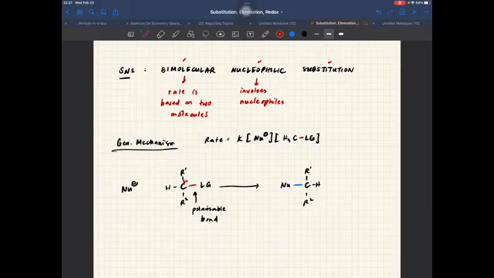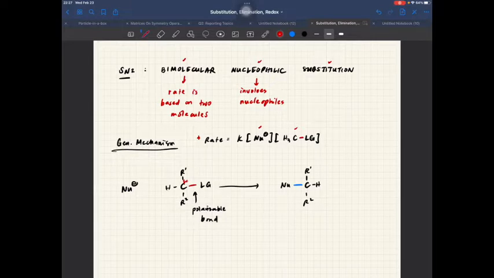The rate expression is: rate equals k, the rate constant, times the concentration of the nucleophile added, times the concentration of the starting material bearing the good leaving group.